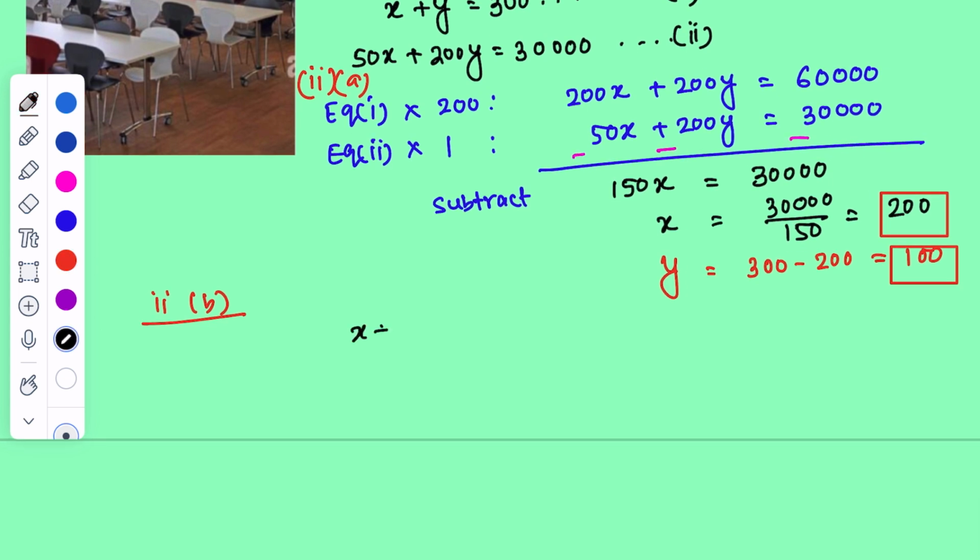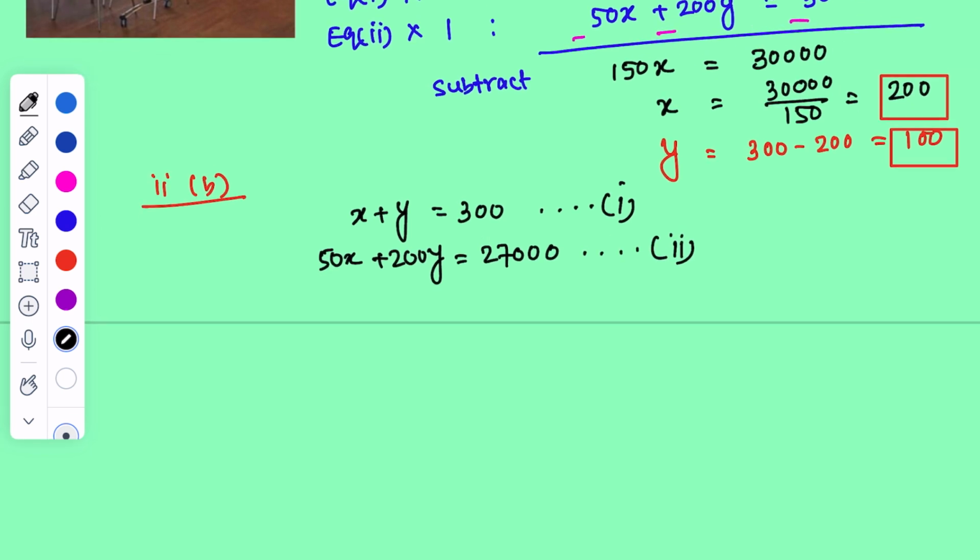So we can write x plus y is equal to 300. This is equation 1. And 50x plus 200y is equal to 27,000, they plan to spend. This is equation 2.